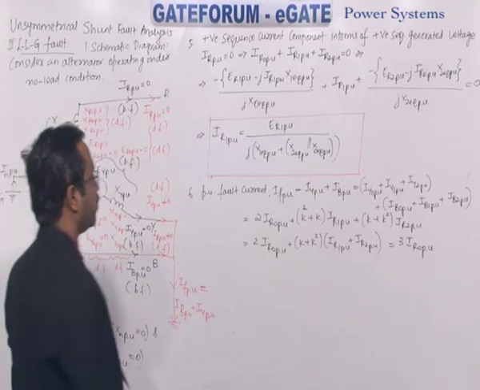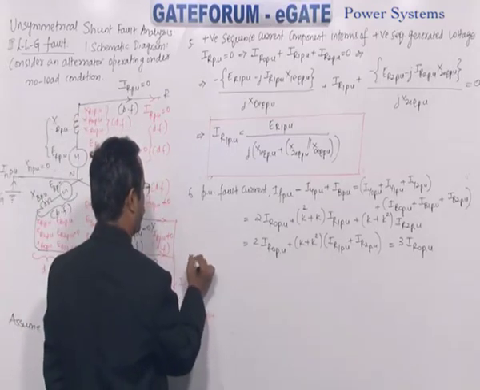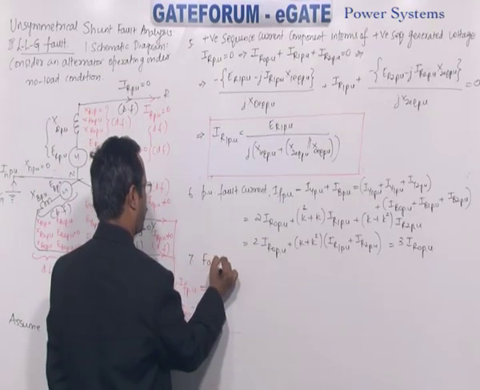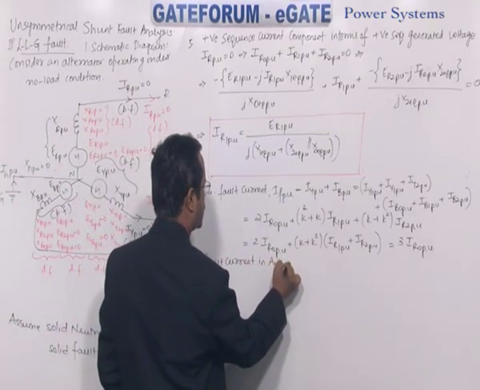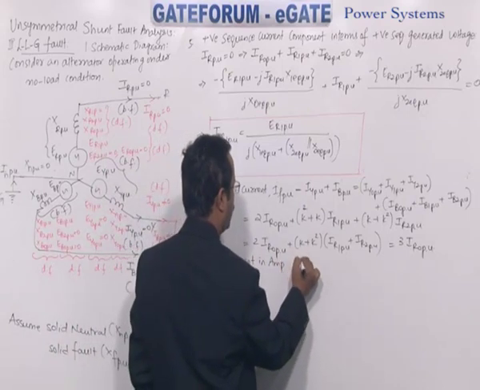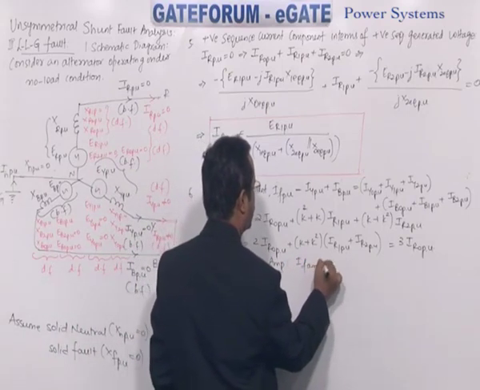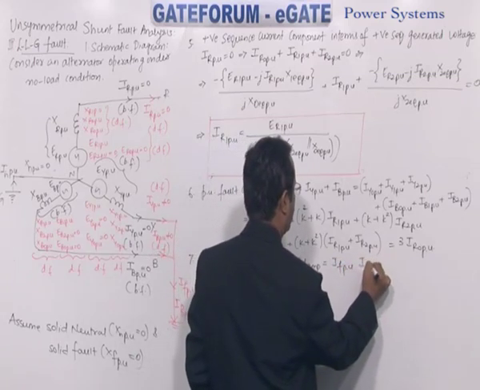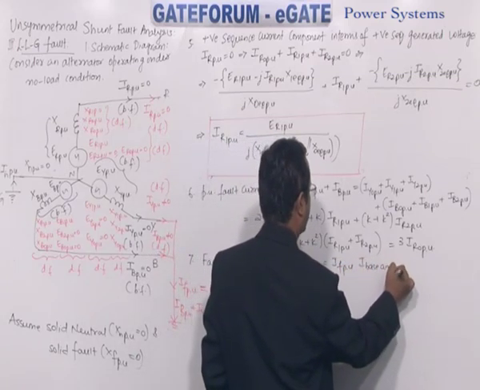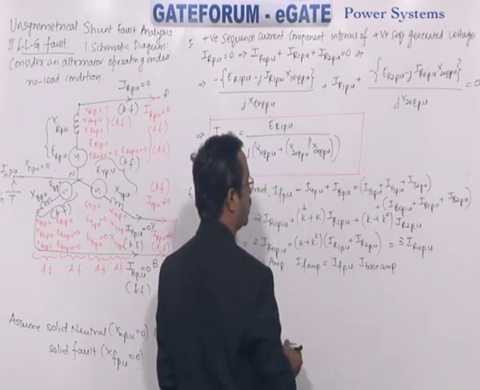Now once you know this fault current in per unit, you can find the fault current in amperes. How do you write it? Fault current in per unit multiplied by the base current in amperes.